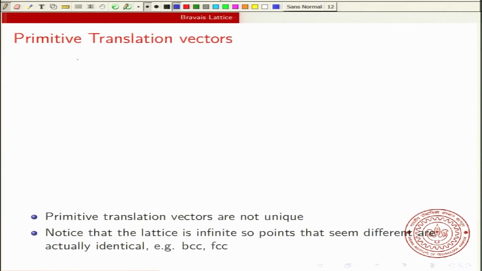So, let us take a lattice, and I won't take a square lattice. I will take an oblique lattice. So, these are the points on the oblique lattice, and that should be sufficient.